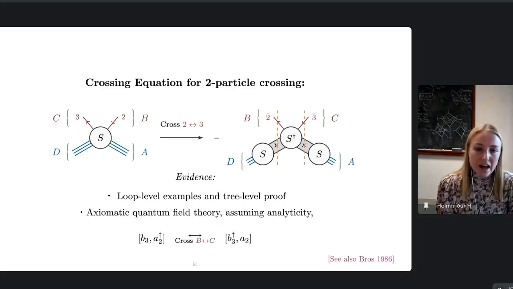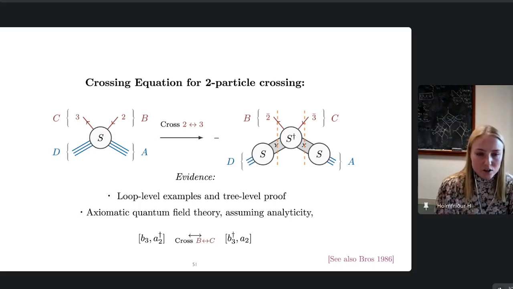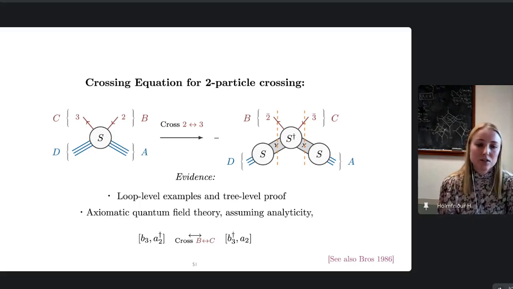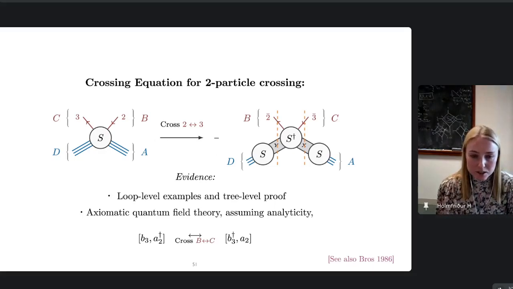Let me mention the evidence that we have for this proposal. The evidence is loop level examples and a tree level proof. As I said in the beginning, we checked this for all master integrals relevant for 5-point scattering at one loop, and we'll get to that in a moment. But then we also have an argument from axiomatic field theory.